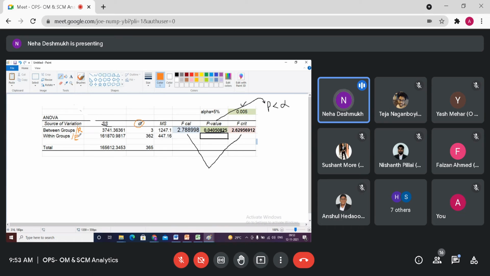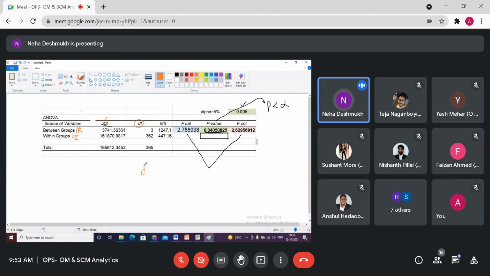So if the question is there, this is the sum of square. SS means sum of square, right? So if the question is how large the sample size is, how many samples are there, it is calculated on the basis of DF.